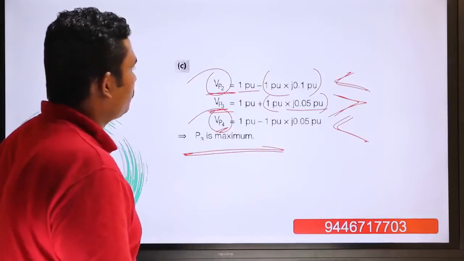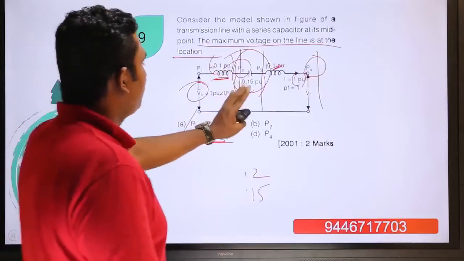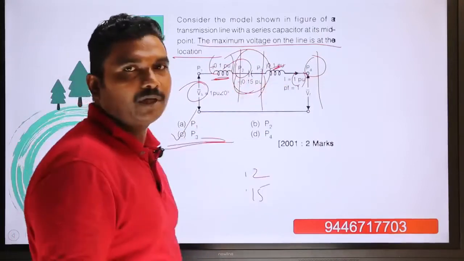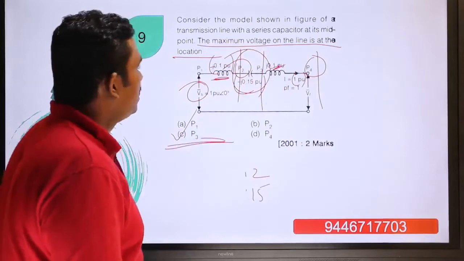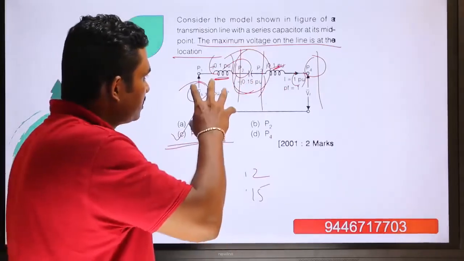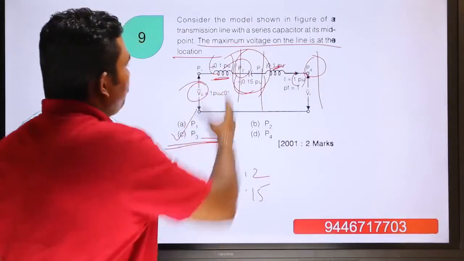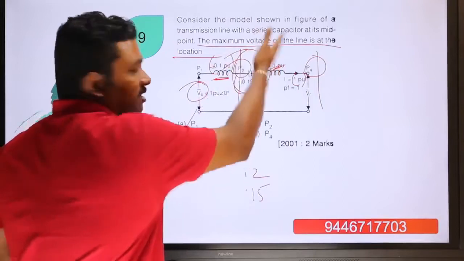So for series compensation, we have also studied the theory. The voltage will be maximum just after the point of series compensation, because when you are going for a capacitive series compensation, the series compensator or the capacitor will act like a battery. So after the battery, your potential will be higher.